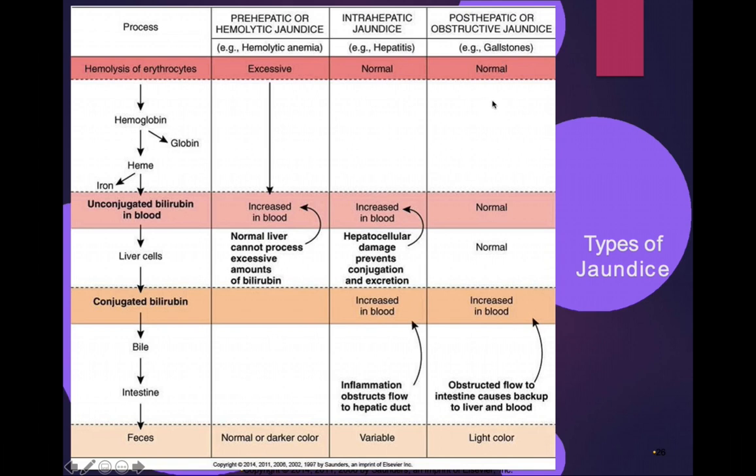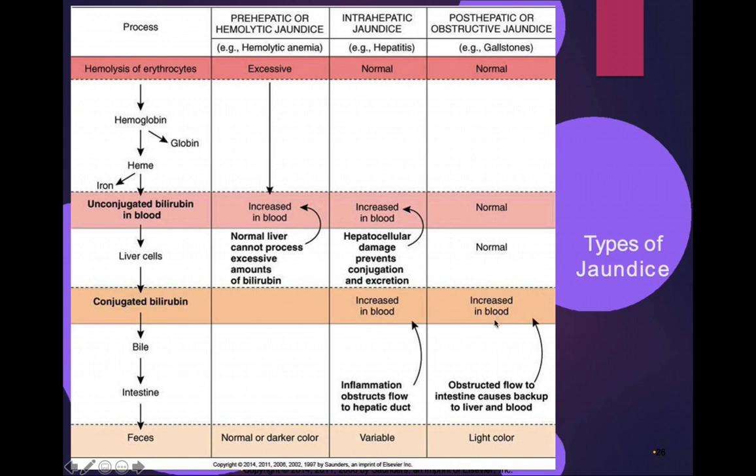So the red blood cell breakdown here, the hemolysis is normal. Unconjugated bilirubin is normal. It's going into the liver, which is normal. Now it's increased conjugated bilirubin.